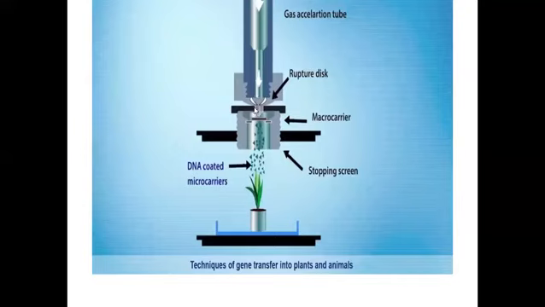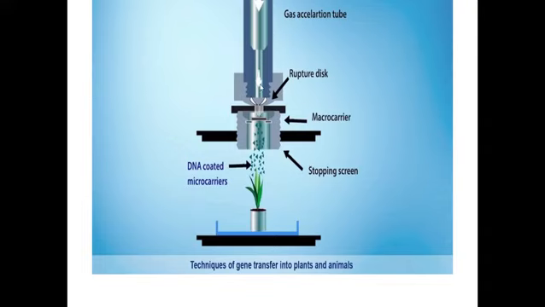The microinjection contains a needle. While using the microinjection, the target DNAs are inserted into the capillary tube-like structure. Above this capillary tube-like structure, a gas acceleration tube is present.